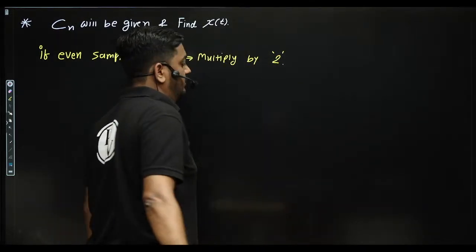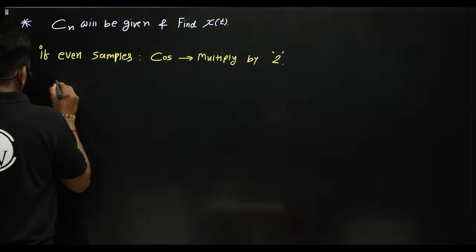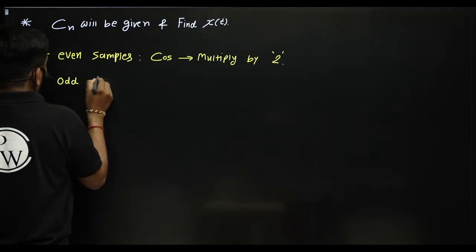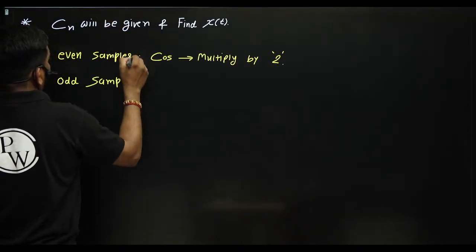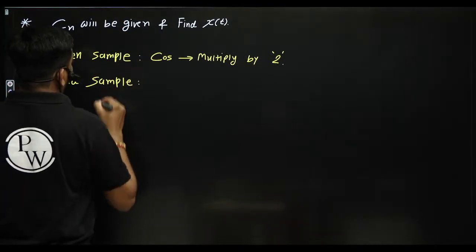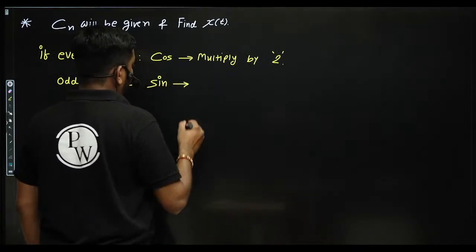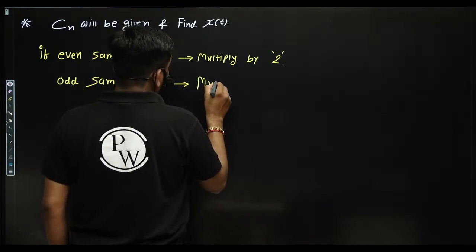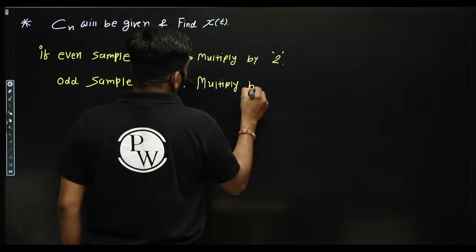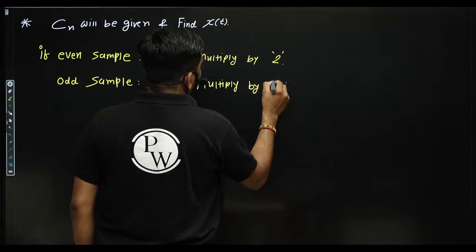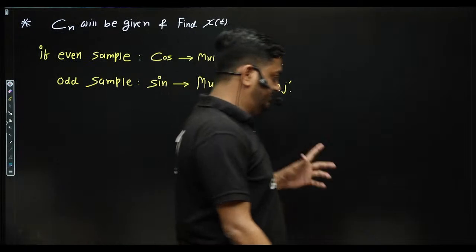Multiply by 2 with the samples which are present for the positive value of n, that you can understand. And if odd sample, then multiply with sine. Sine will come into picture and multiply by 2j, plus 2j. Remember this thing, plus 2j. Okay, that one example also I will take guys. So this is very much important shortcut guys.